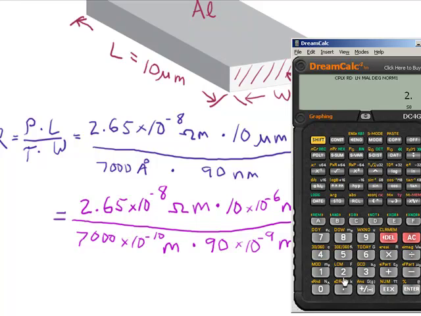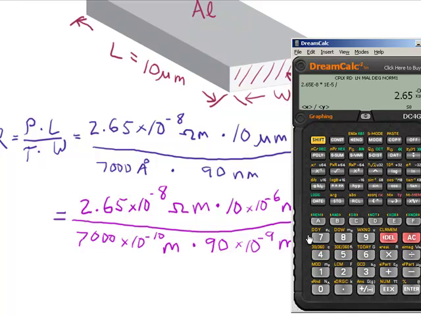So the first one is 2.65, and the power of 10 is e to the minus 8, times 10 e minus 6. I didn't have to type in times 10 or anything. I just hit the EE button, and it has that times 10 built into it.